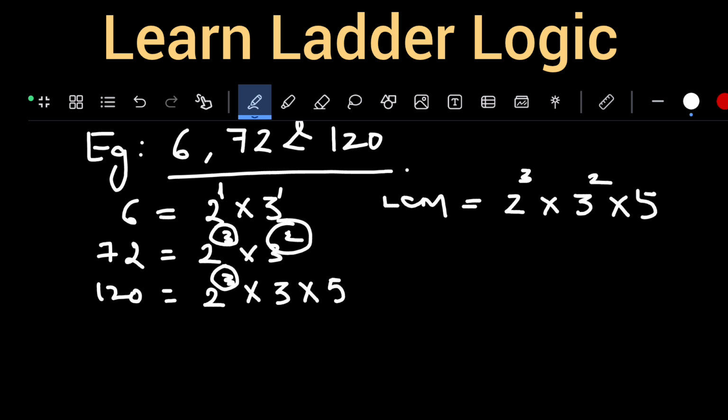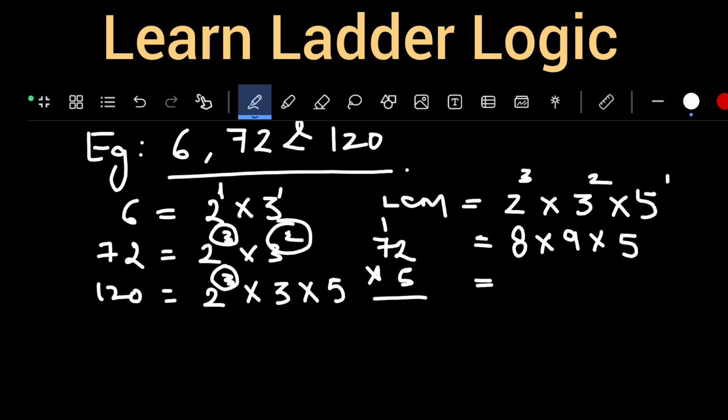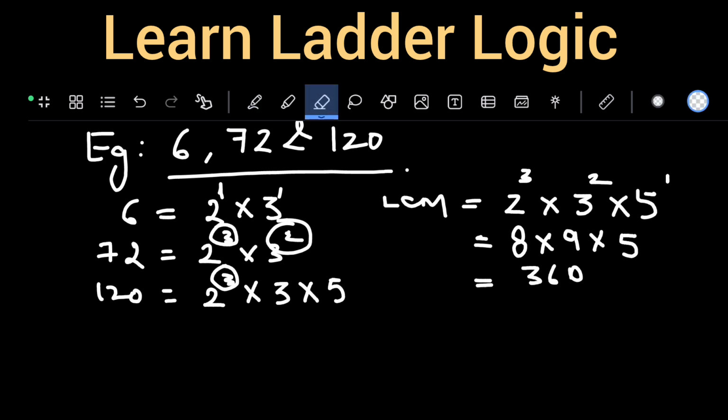And the highest power available for 5 is 1. So let's multiply. 2 to the power 3 is 8 into 9 into 5. What is 8 into 9? 72. 72 into 5 is 360. So the LCM is 360.